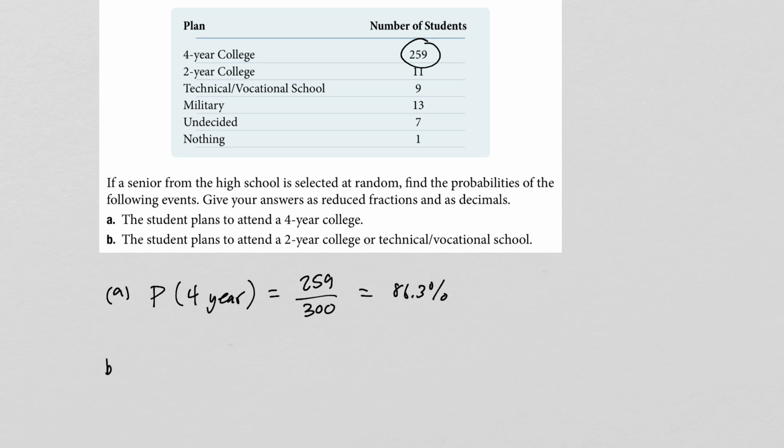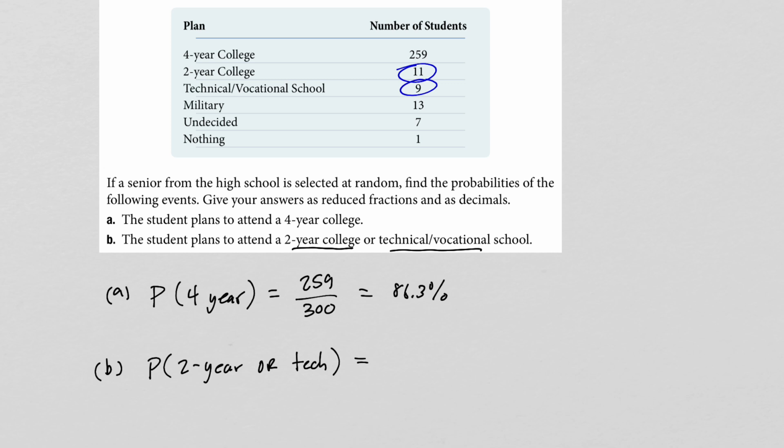And in the second part, what is the probability that the student plans to attend a 2-year college or a technical school? So a 2-year or technical. Well, you would have to look at how many plan to attend a 2-year, which is 11, and then how many plan to attend a technical or vocational school, that's 9. So the total number here is going to be 11 plus 9 out of 300, right?